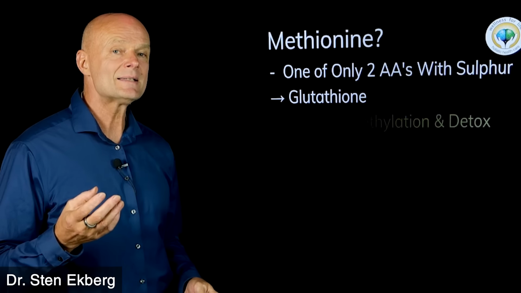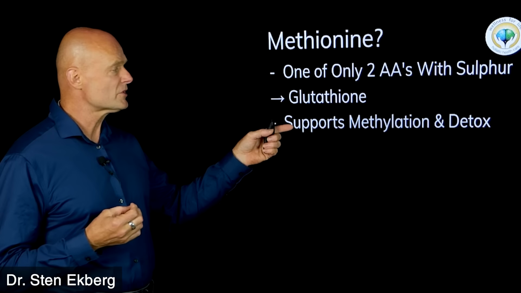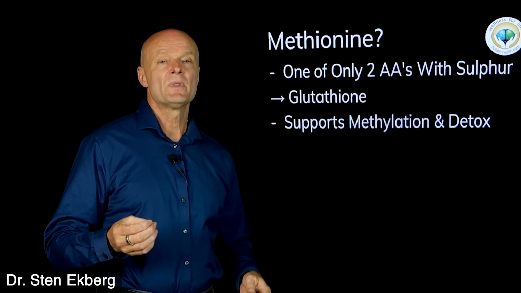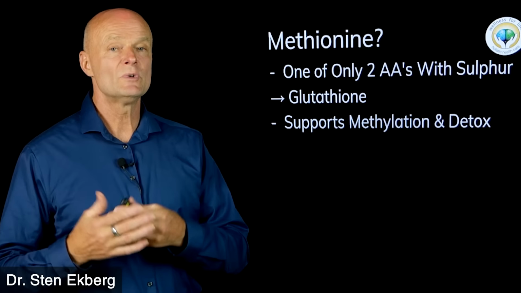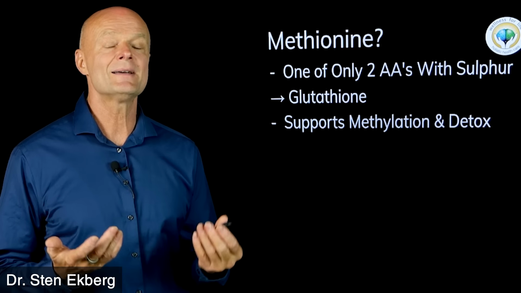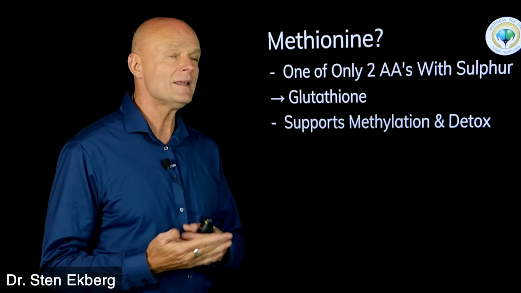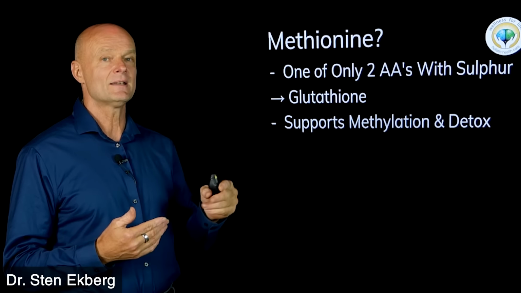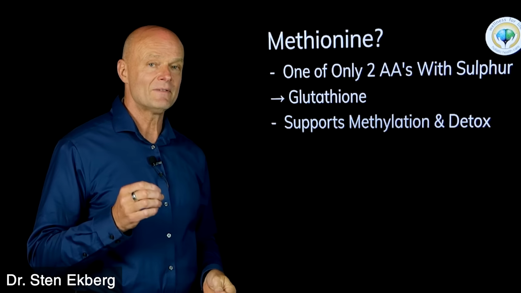And these 2 amino acids, the sulfur, support the liver in methylation and detox. So a lot of people who have been really sick actually get healthier by eating foods with high sulfur content. And what they mean then is foods with a lot of methionine and a lot of cysteine, because those are the only 2 that have that sulfur.